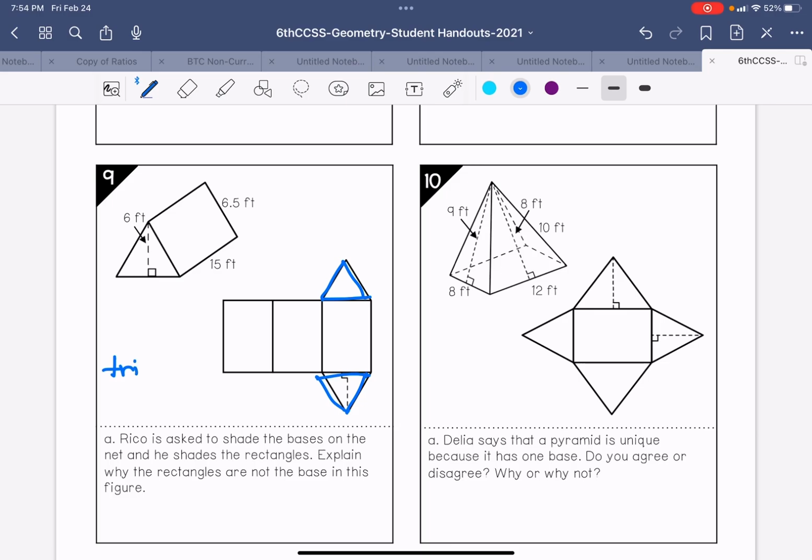It is a triangular prism. So if he were to shade the bases, he would need to shade these triangles because these are going to name your shape.